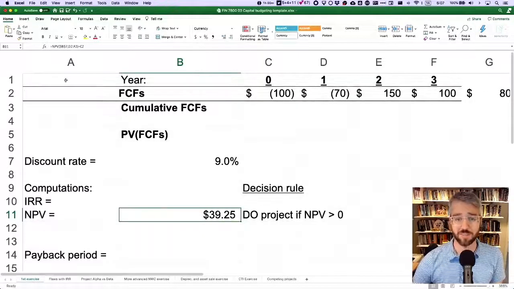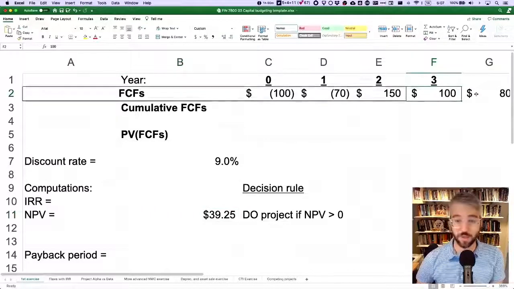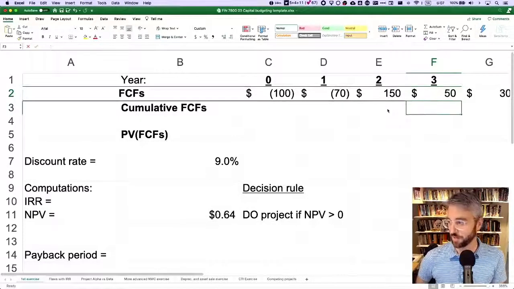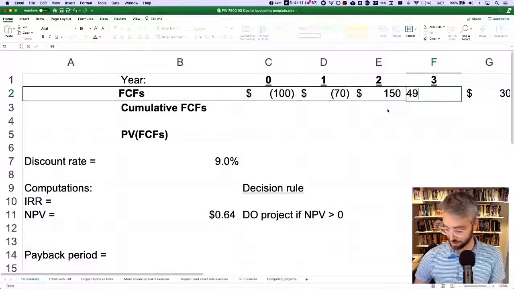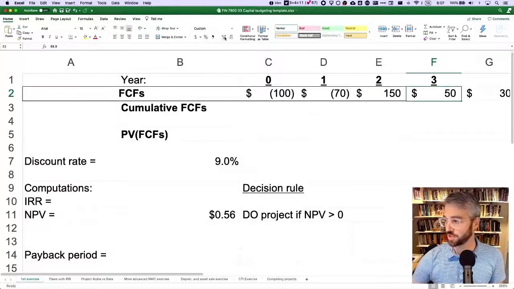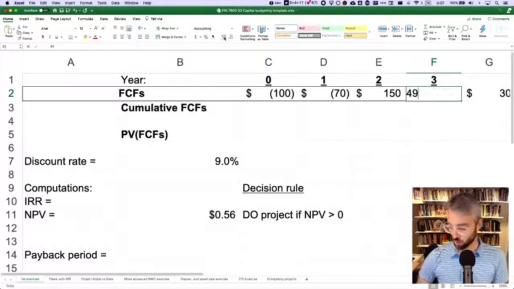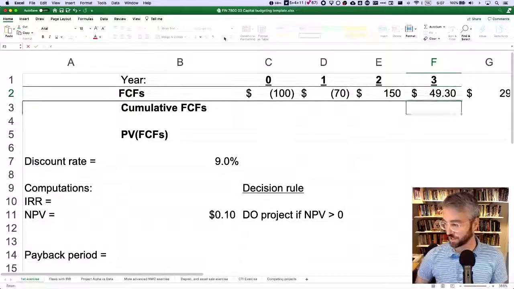So what would happen if instead we had a project which was exactly NPV neutral? We could get there just by tweaking any of these 4 numbers. We could do this in Excel using a tool like GoalSeek. But suppose instead I just play with it a little bit and lower the year 3 number to see what it takes to get the project down to just about 0 NPV.